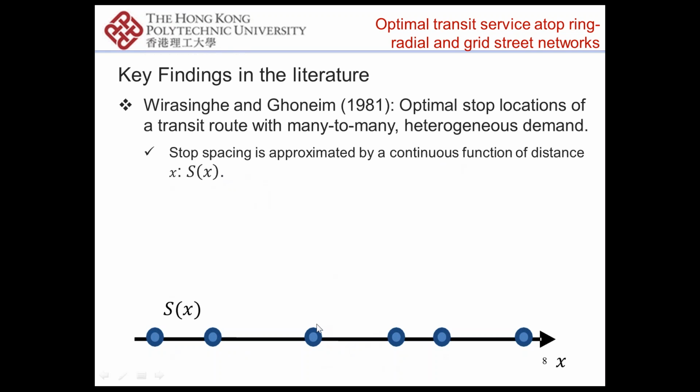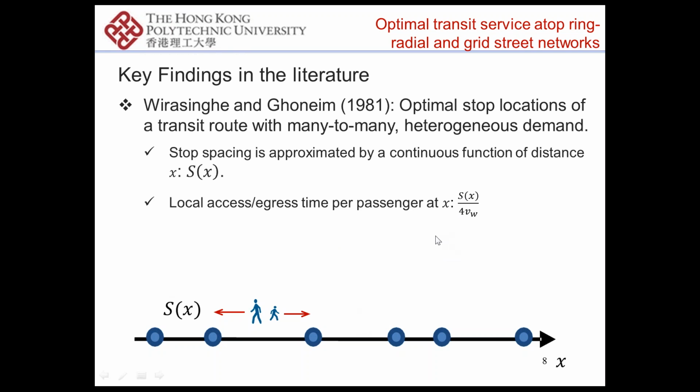Okay. And note first that for a passenger originated at x, the average access time to the nearest stop is just s(x) over 4 times v_w. Here v_w is the walking speed.